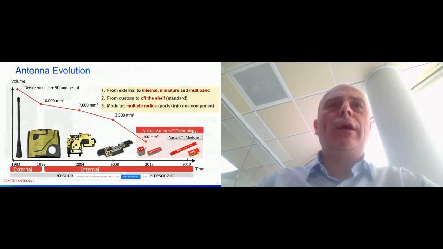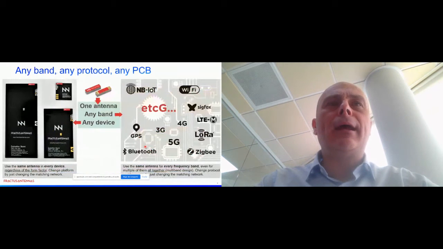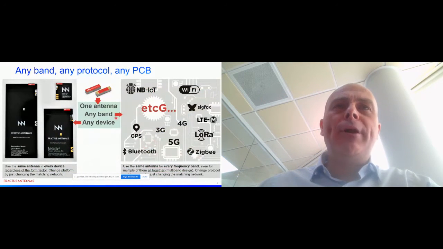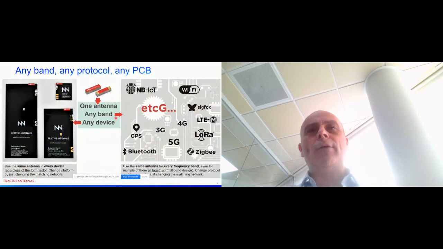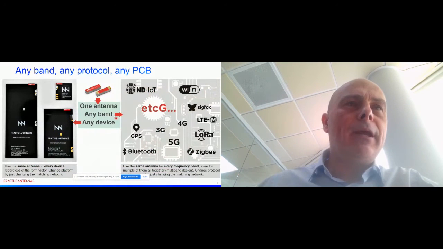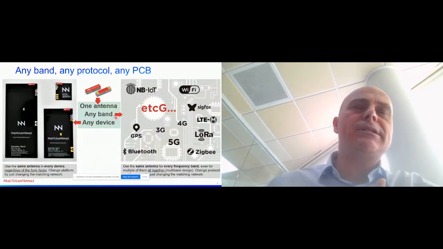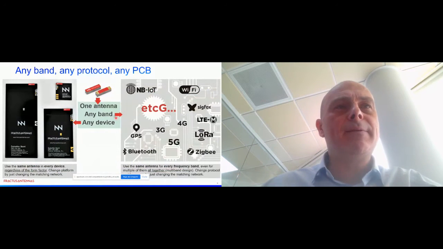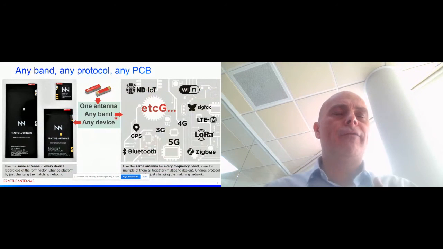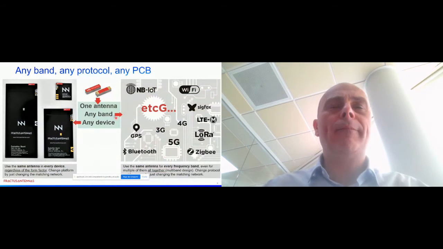So why is it so disruptive and how can we help the IoT market to grow faster? Virtual antenna is based on these tiny components called antenna boosters, you can see in red, that can be easily embedded on a PCB to operate in any band and for any device. Let me explain. In this picture on the left, you have several devices, several PCBs, representative of IoT devices, from a big one to a small one.